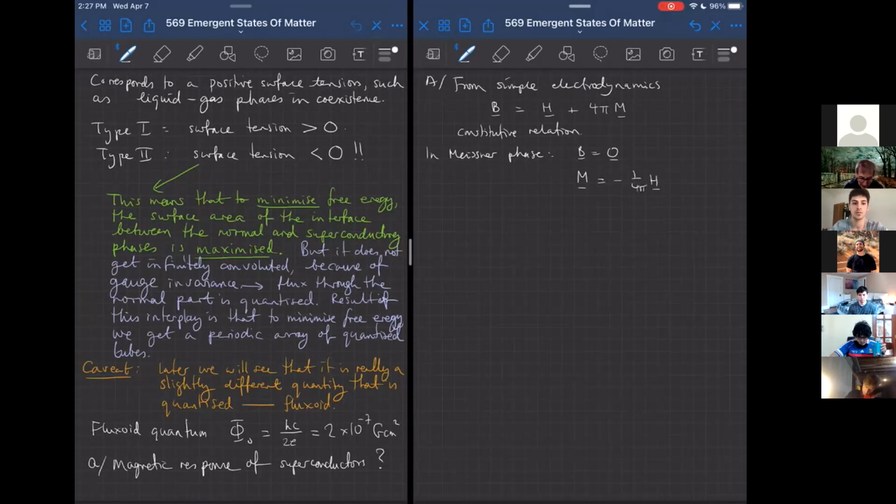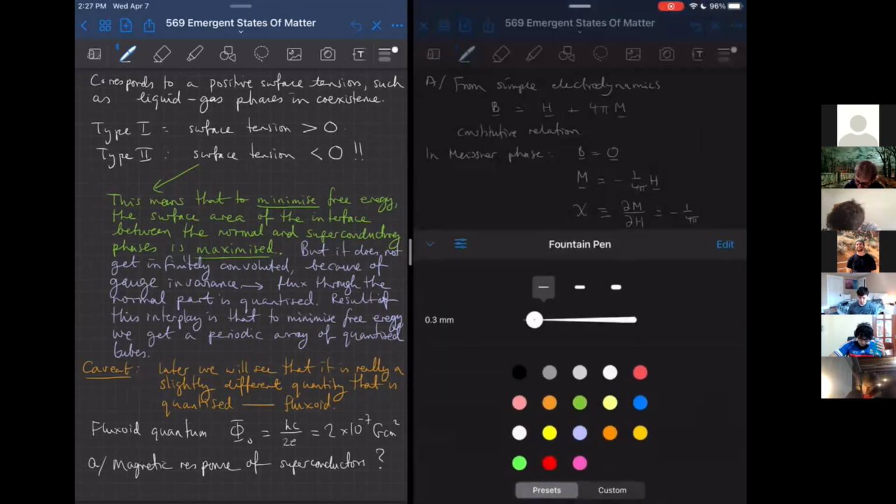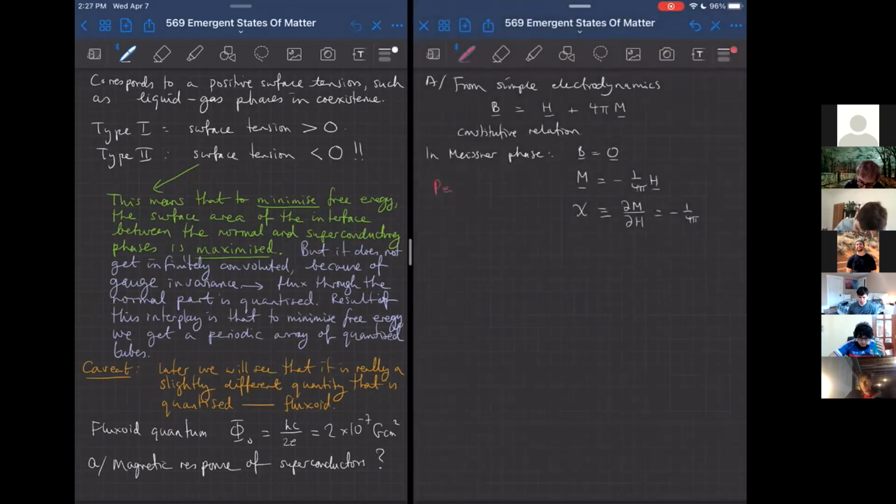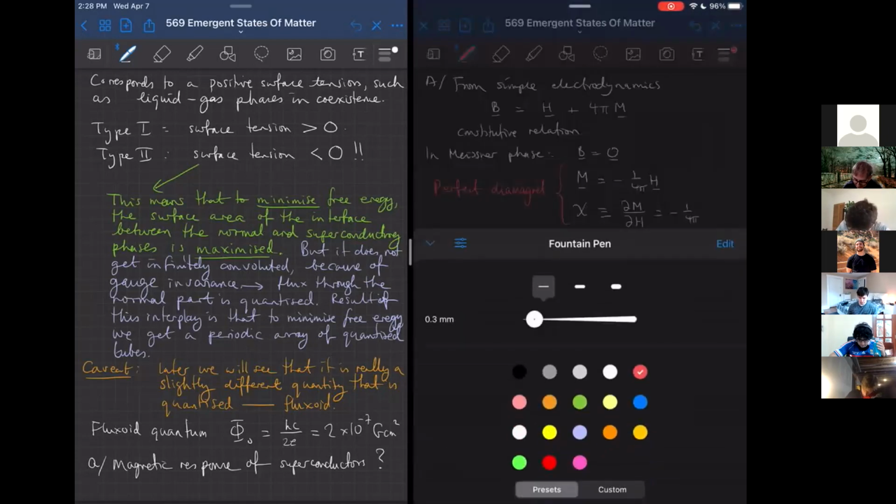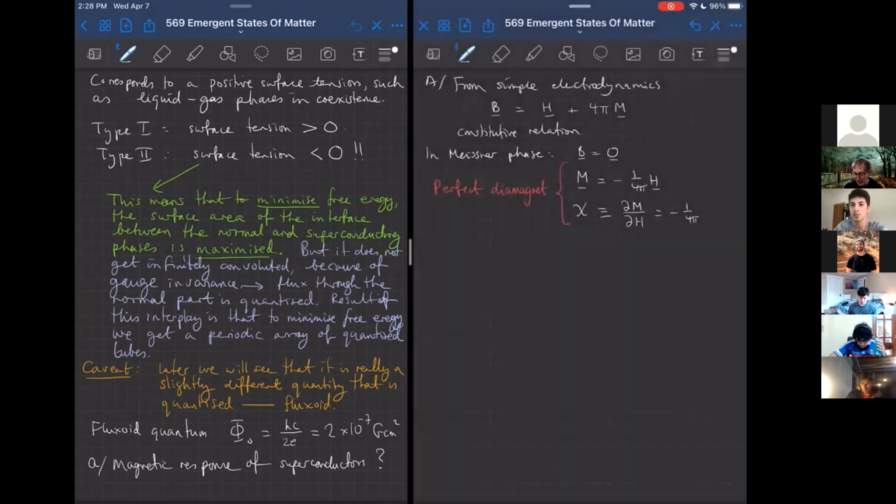And if I were to measure the magnetic susceptibility, which is defined as dM by dH, that is equal to -1 over 4 pi. And this is what we would call a perfect diamagnet. So this material, whatever it is, finds a way to produce a magnetization that counteracts the external magnetic field.